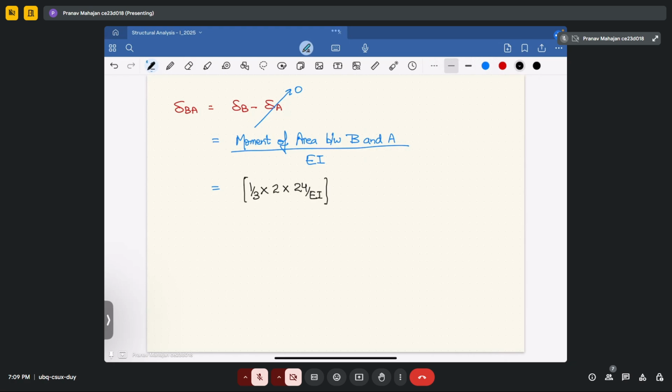And if we have to find the distance, so first distance is up to 2 meter, it is 0. So 2 will also come. Plus, and for triangle, we will utilize 2 by 3. In this case, we will utilize 3 by 4. So 3 by 4 of the rest of the length, which is 2, divided by EI.